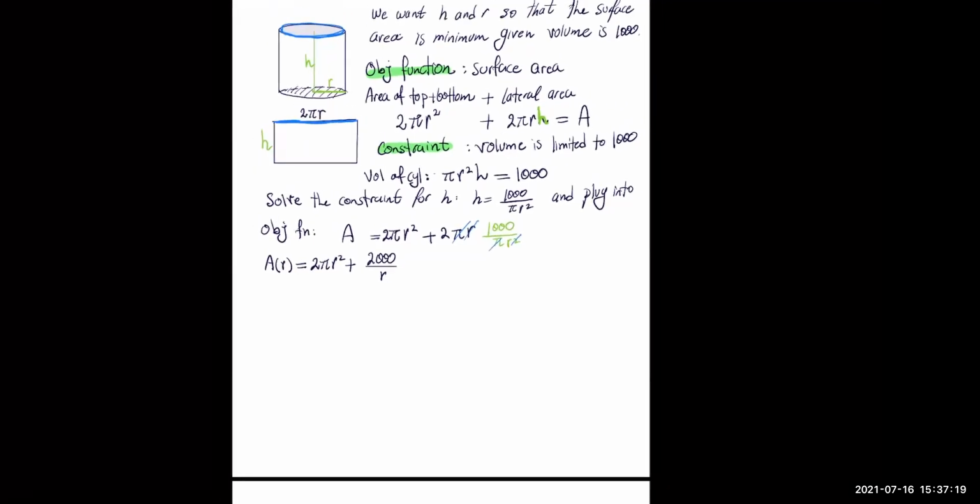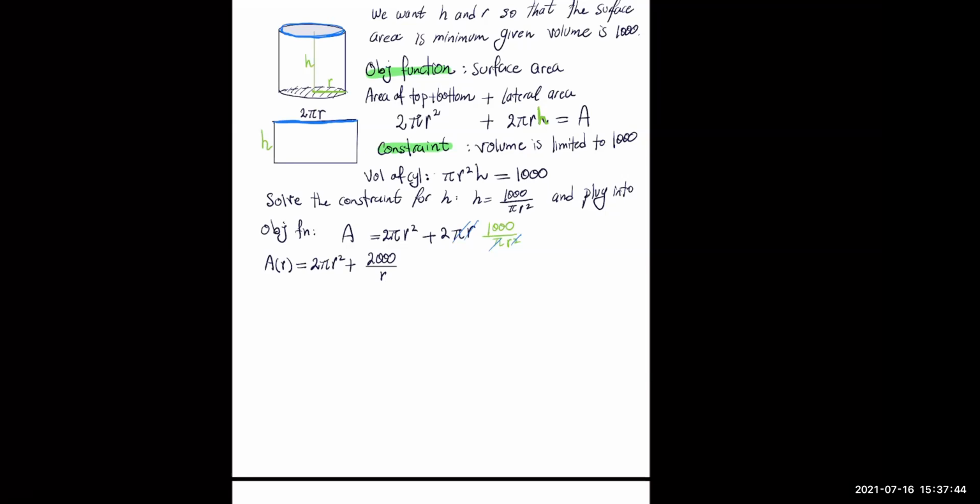So do I want to get the domain of this thing? The domain you might have a little bit of a problem with, but this is a function of r. So you've got to think about it a little bit.